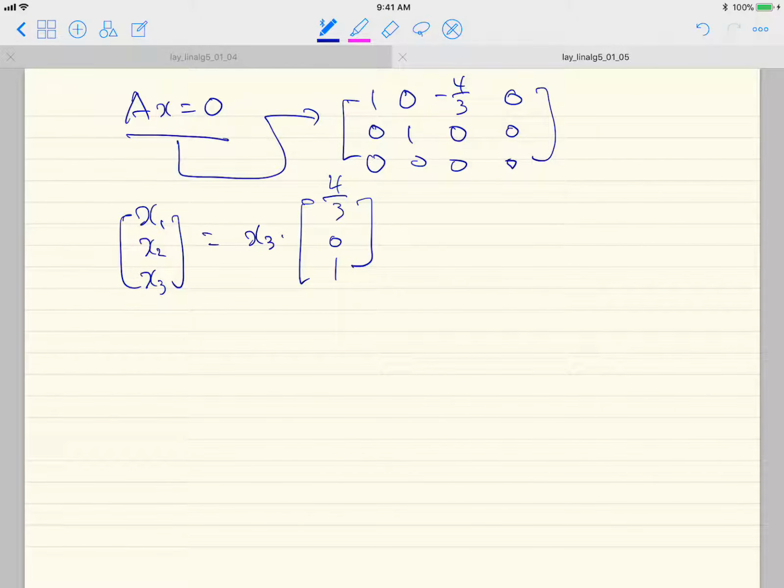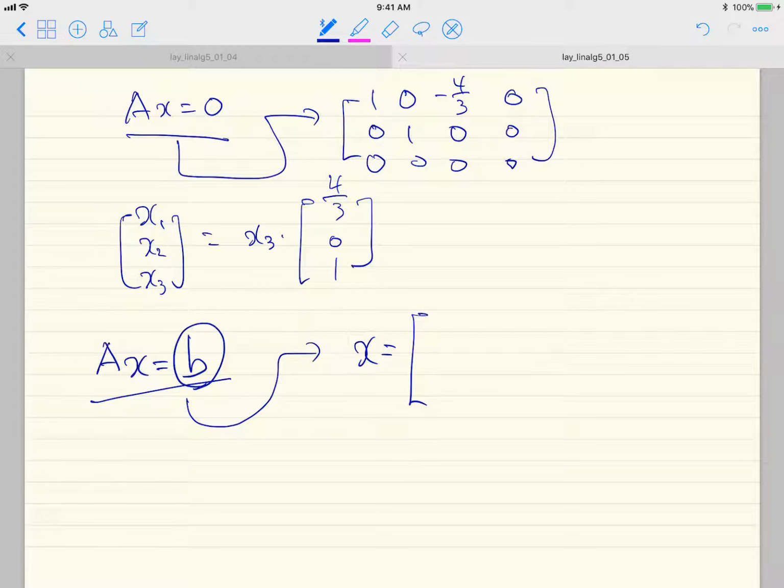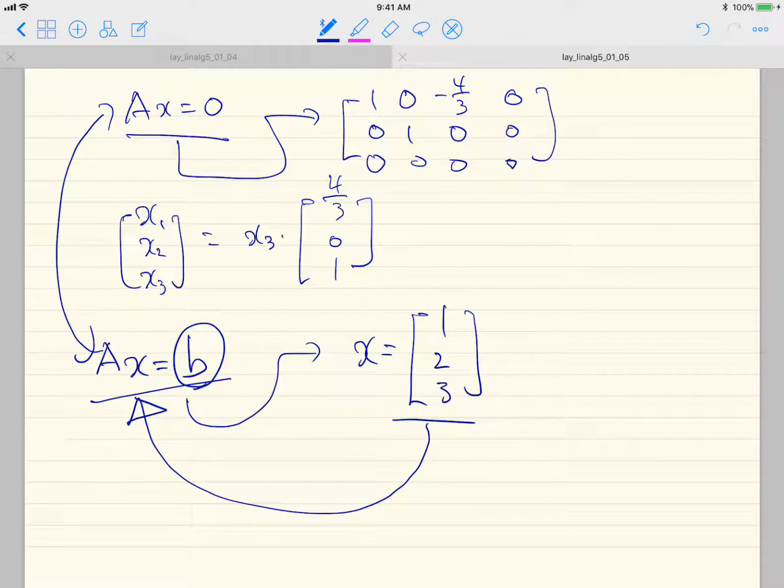And then now I give you a new linear system, but I don't give you B, okay? I don't give you B. But in this case, I just give you one solution, maybe 1, 2, 3, that satisfies our linear system AX equals B. And comparing these two, they have the exact same A part but a different B part.